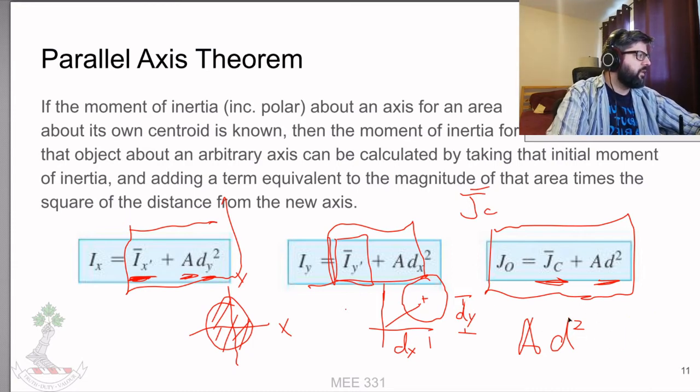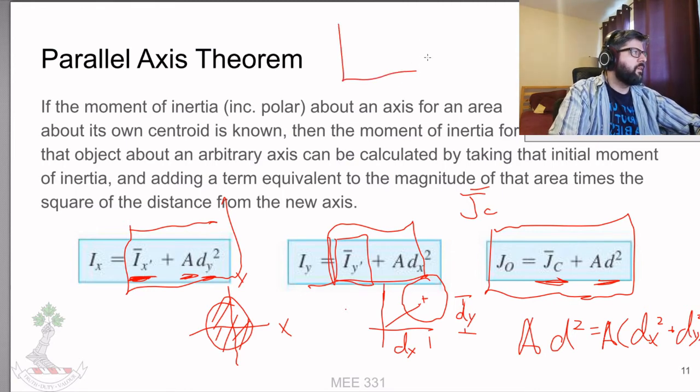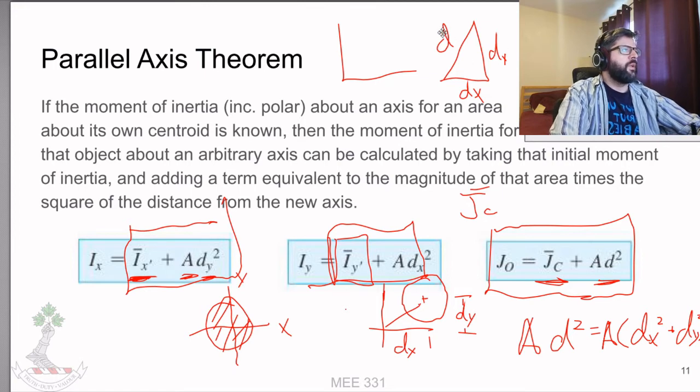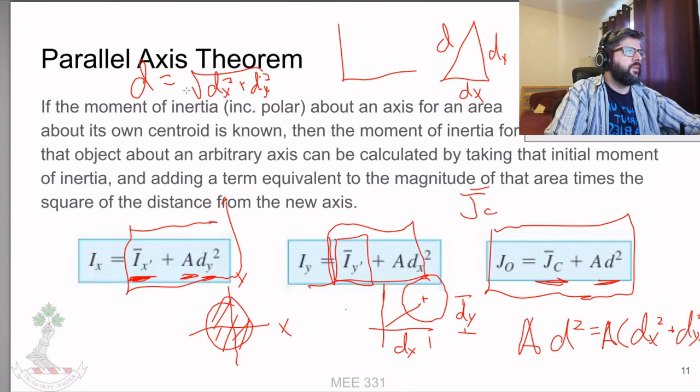Our d squared term here ends up just being A times dx squared plus dy squared, because again, that's just Pythagoras' theorem. How do we calculate d? We calculate it by the square root of dx squared plus dy squared. Square both terms, and we just end up adding those things together.